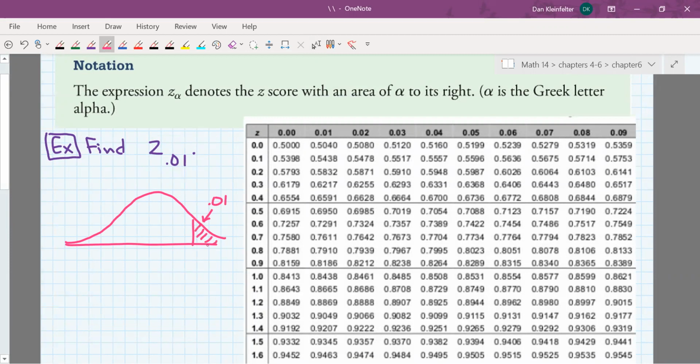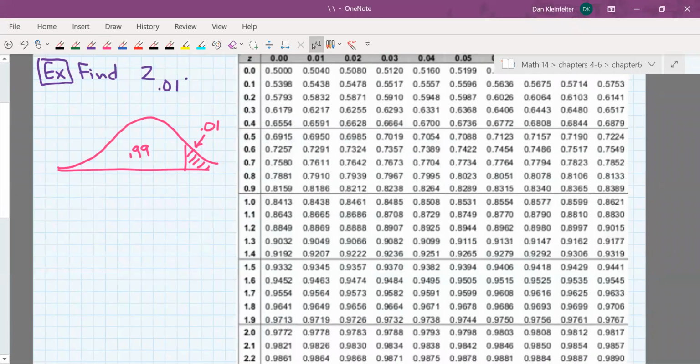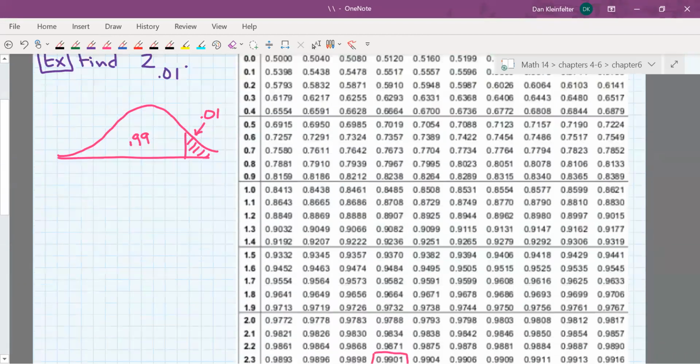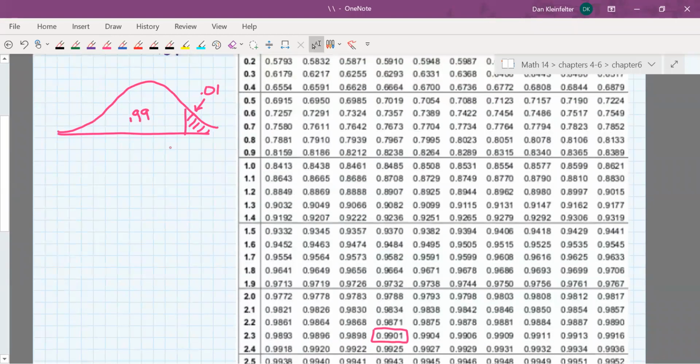Well, if 0.01 is on the right, then 0.99 will be on the left. Again, looking in the body of the table for 0.99, it looks like this is as good as it gets: 2.33. Our Z is 2.33.